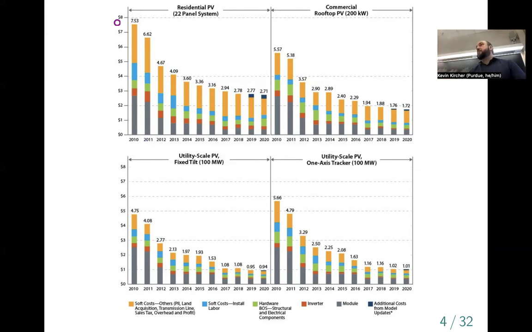So a typical residential solar array, something you'd find on a single family home, might be around 10 kilowatts, kind of order of magnitude. So here in 2010, that 10 kilowatt or 10,000 watt array, multiplied by the 7.5 here, we'd get about $75,000. Is that right? Yeah, that's right.